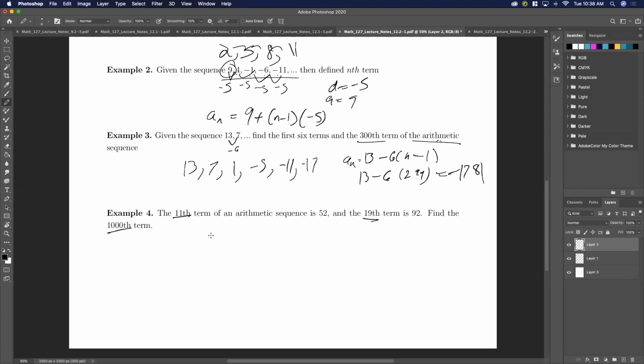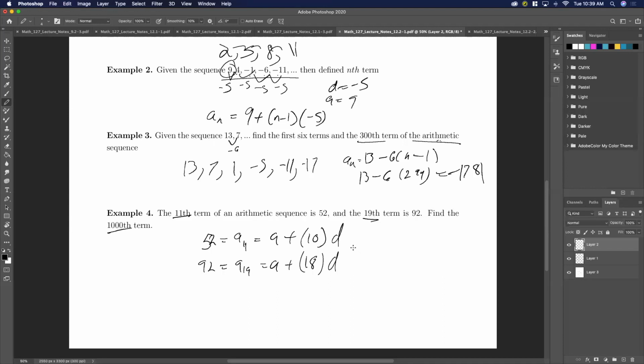We know that a_11 is 52, which is equal to a plus the 10 times d, right? Here we have a_19 is 92, which is equal to a plus 18 d.